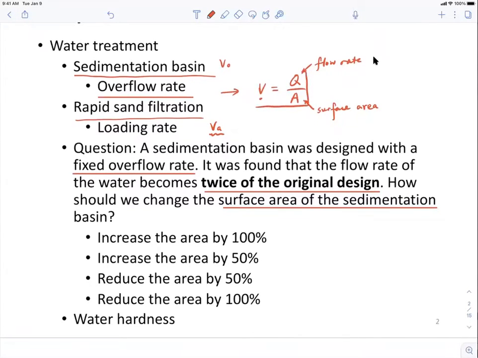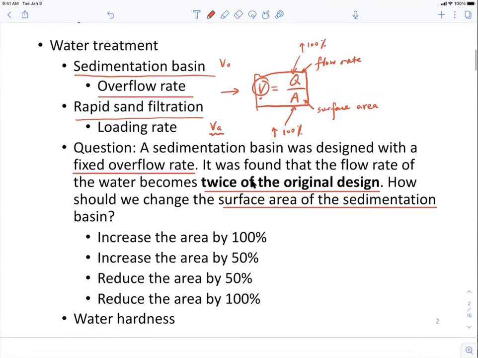So basically, if the flow rate increased by 100%, right? So as it says, it's designed with a fixed overflow rate, which means that this number will not change. So what's going to happen is that we have to increase the area by 100%. Okay, so it is quite straightforward if we directly know this equation here.